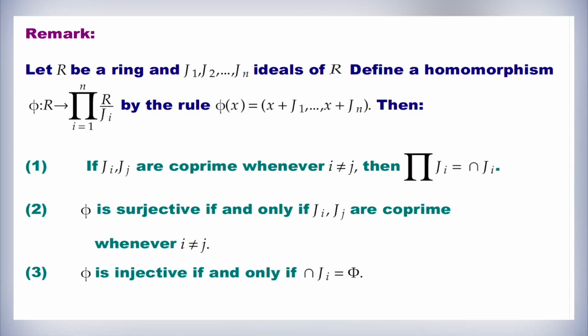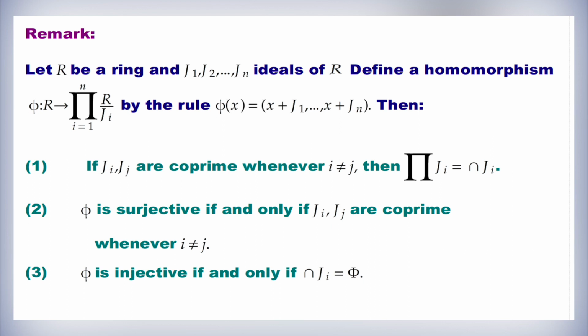Finally, let us conclude this session with this remark. Let R be a ring and J1, J2, so on up to Jn be ideals of R. Define a homomorphism phi from R to the product over i equal to 1 to n of R by Ji by the rule phi of x is equal to (x plus J1, x plus J2, so on up to x plus Jn).